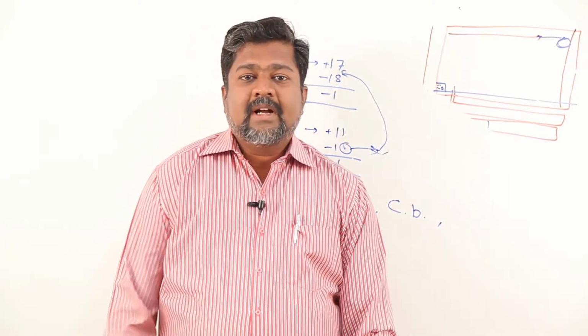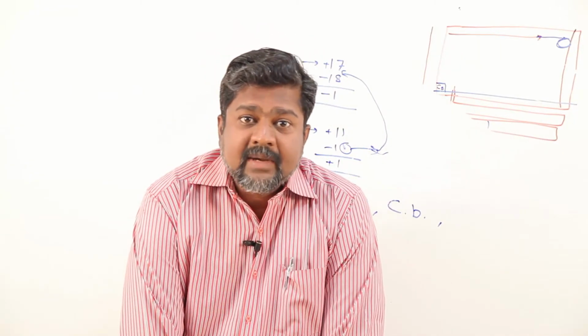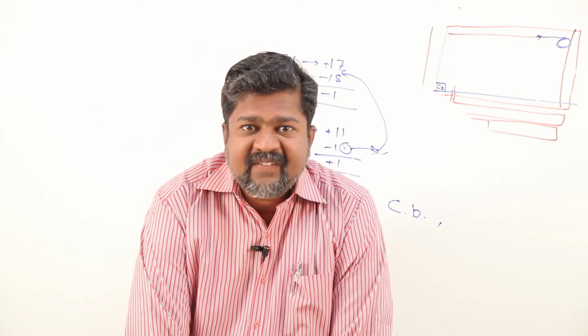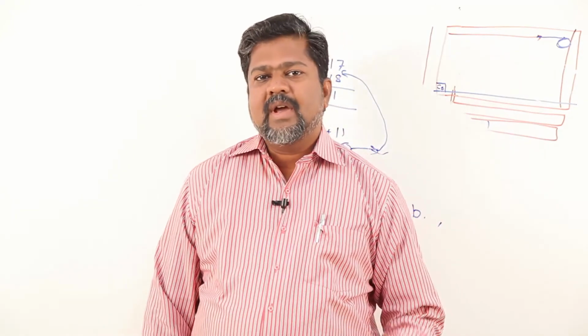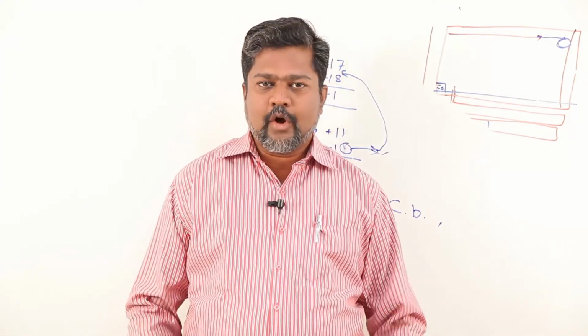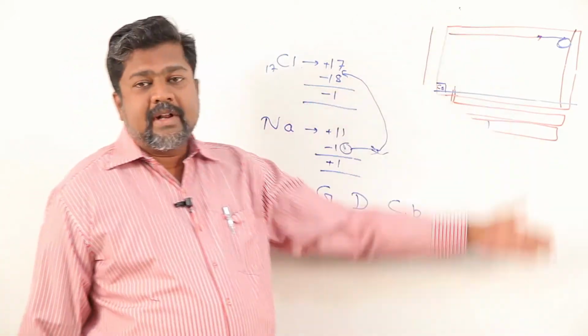So like that, if you check every element for the maximum characteristics shown, if that is metallic, then we classify it as a metallic substance. If maximum non-metallic, we classify it as a non-metal. 50-50 percent, metalloid. Now the trend in the periodic table I have to discuss.